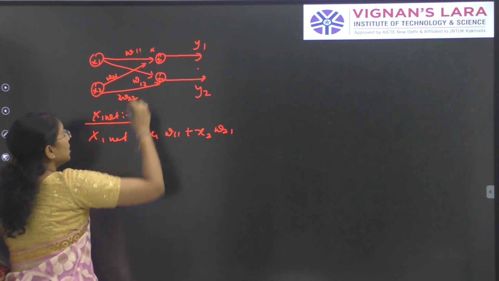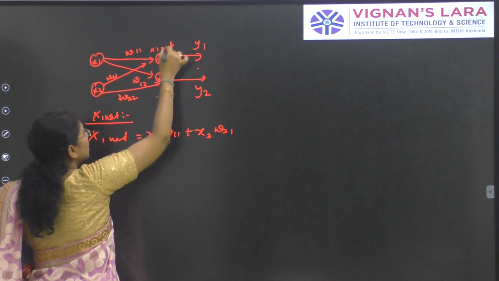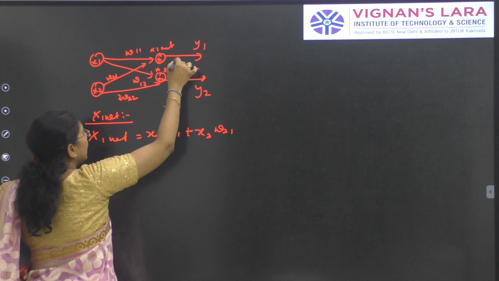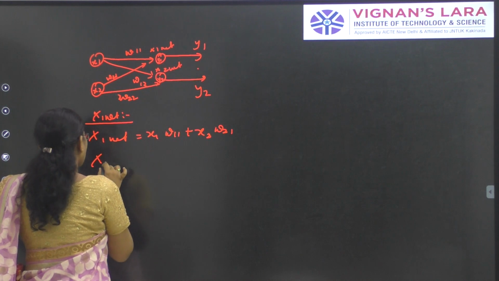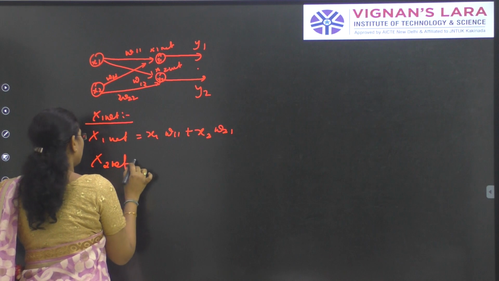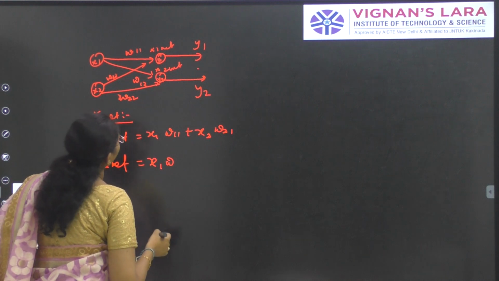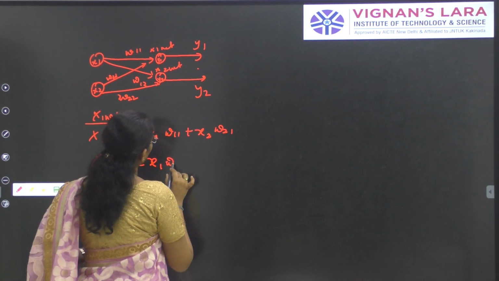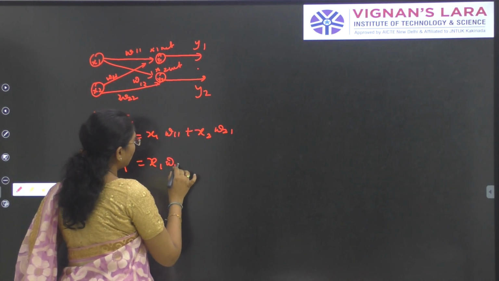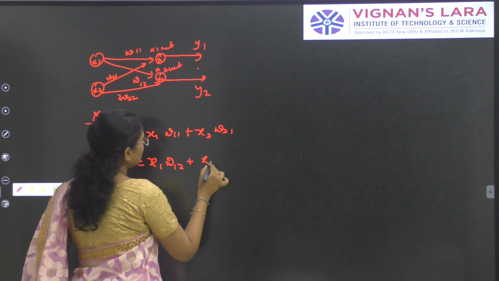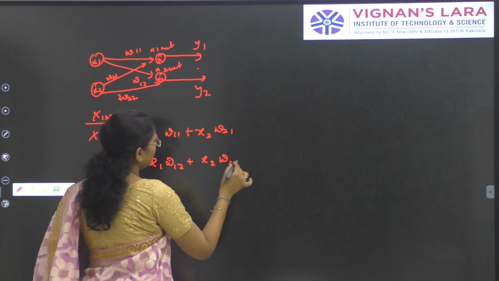This is your x1 net. Then again you need to calculate x2 net. x2 net is equal to x1 w12 plus x2 w22.